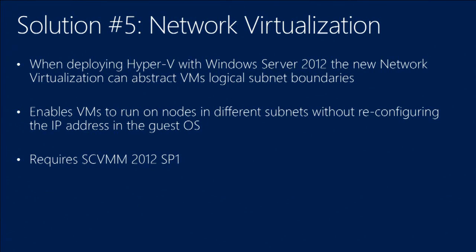The virtual machines get their own IP addresses for the guest, and so clients connect to that IP address, and underneath the virtual machines can fail over from one subnet to the other, and that is taken care of for you by Hyper-V as well as System Center in this particular case. So it does require System Center 2012 SP1 for network virtualization in the case of Hyper-V.